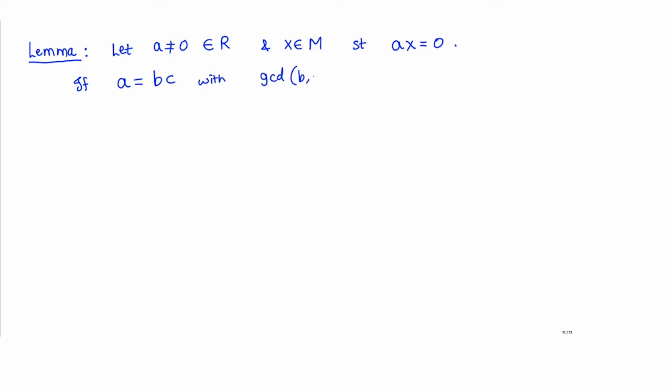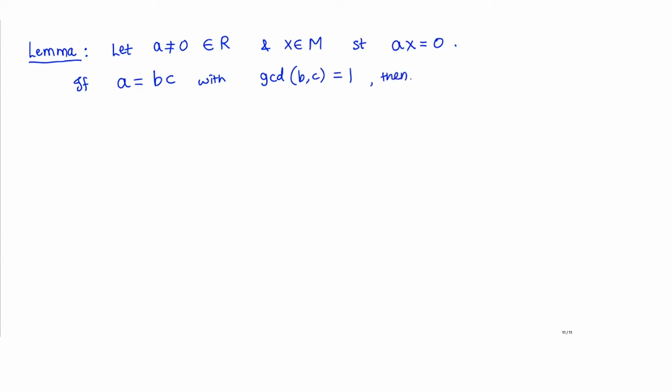It's a lemma. Let A be a non-zero element of R. Okay, and suppose I have an element x of M which is annihilated by A, such that Ax is 0. Now, suppose A can be written as a product B times C, with B and C relatively prime.